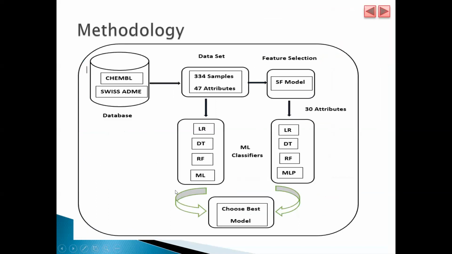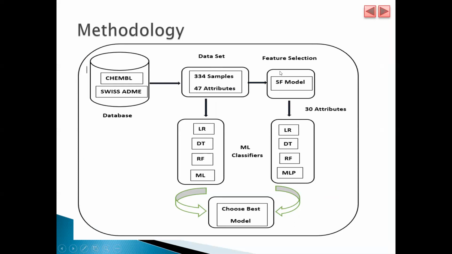And the methodology is we take the data samples from ChEMBL and SwissADME, and from these databases we take the observations. 334 samples were taken, and 47 attributes, which includes our target also. Finally, we directly apply four machine learning models: logistic regression, decision tree, random forest, and multi-layer perceptron.